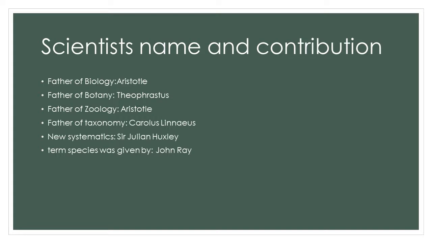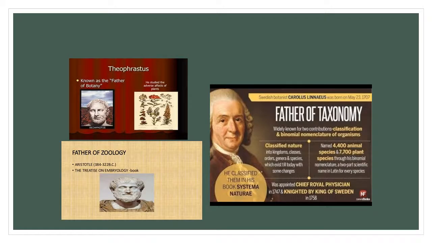New systematics was founded by Sir Julian Huxley, and the term species was given by John Ray. These are the diagrams and figures that you can go through. Carolus Linnaeus also classified biodiversity in his book named Systema Naturae. A simple question: who wrote Systema Naturae? Carolus Linnaeus.